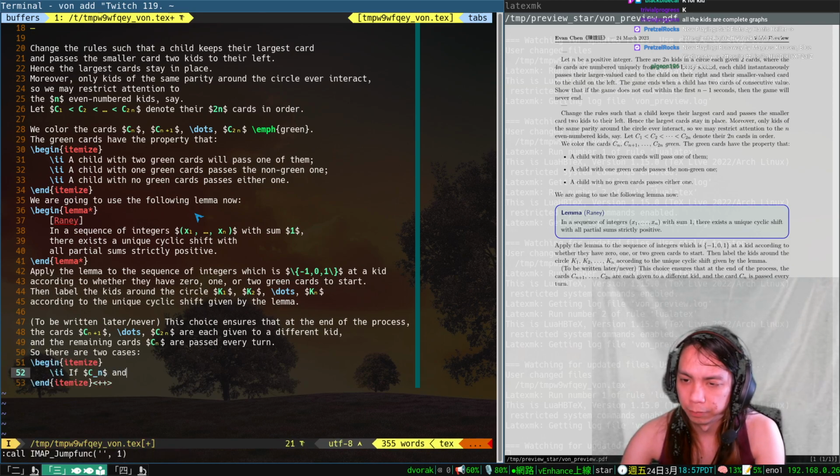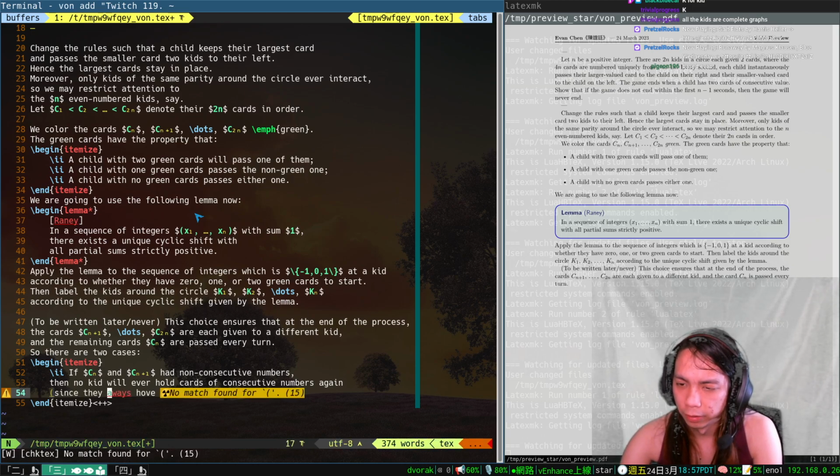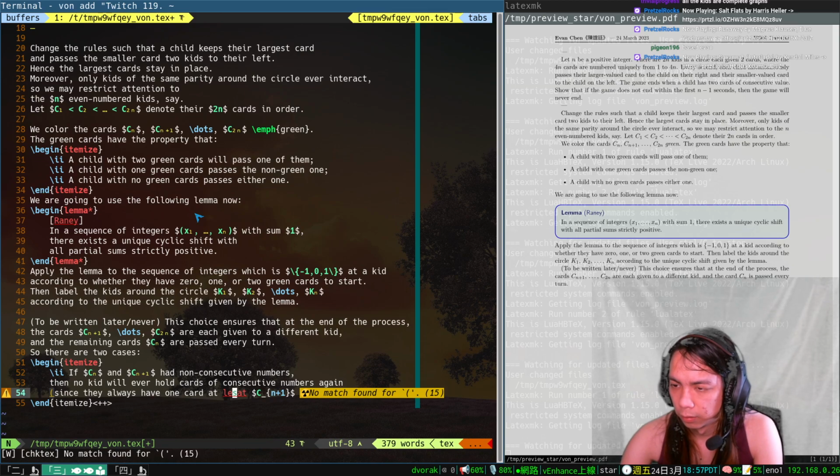If Cn and Cn plus 1 had non-consecutive numbers, then no kid will ever hold cards of consecutive numbers again, since they always have one green card, one card at least Cn plus 1, and one card at most Cn.